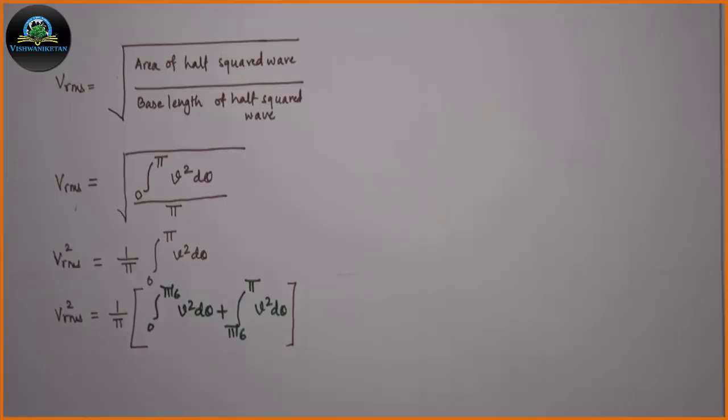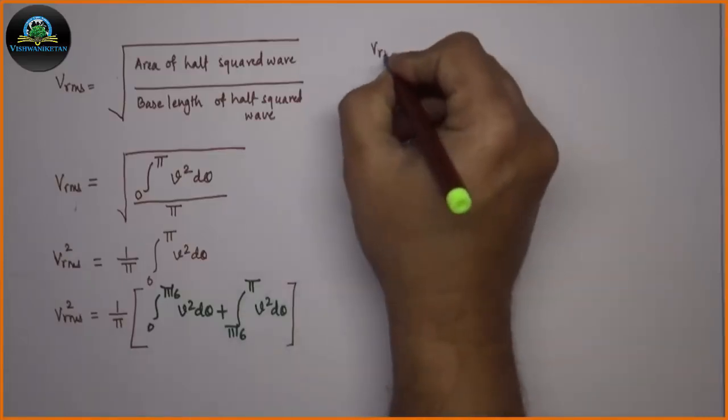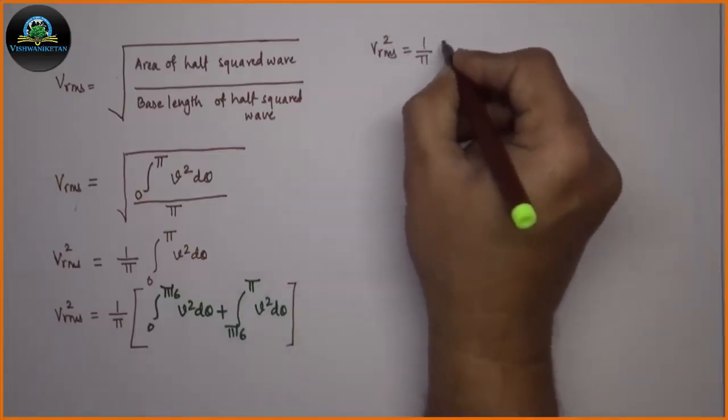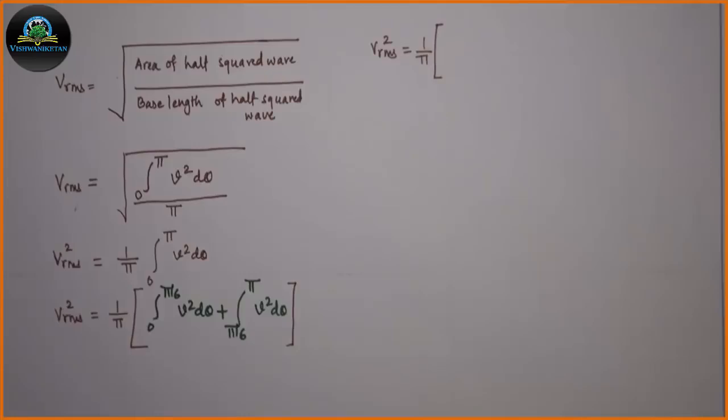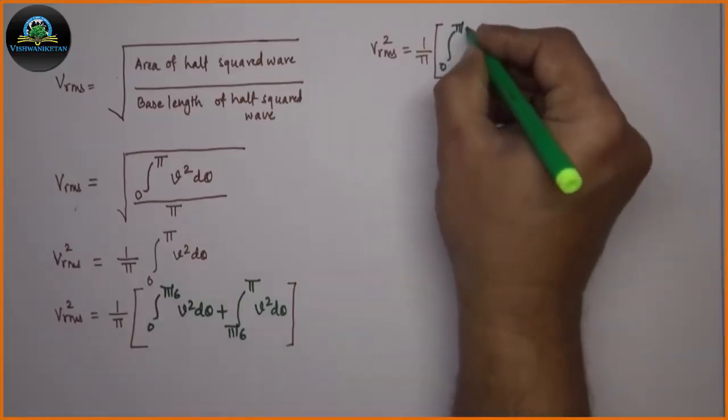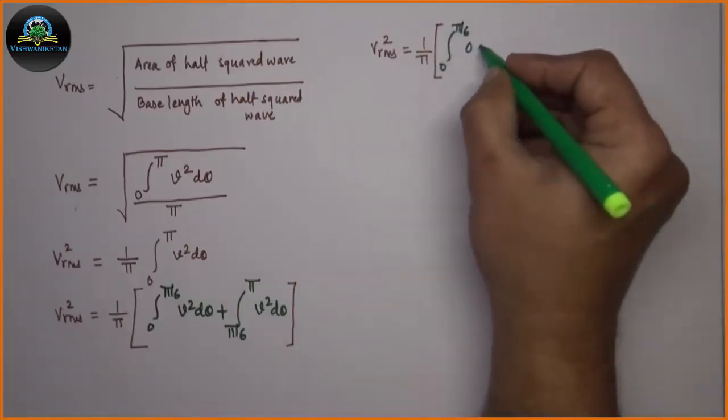We have the value of V square for particular interval. Let us substitute that. For first interval the value is 0.